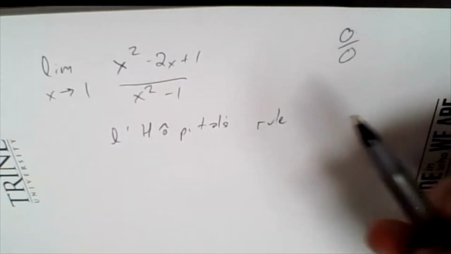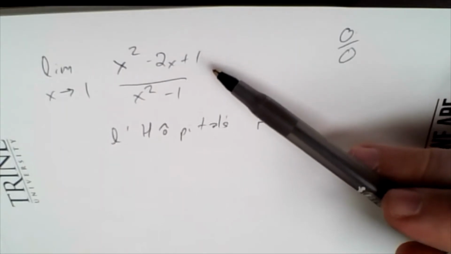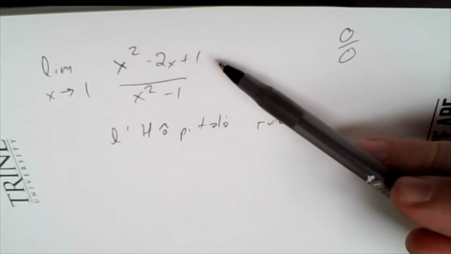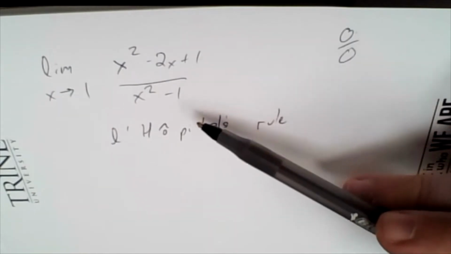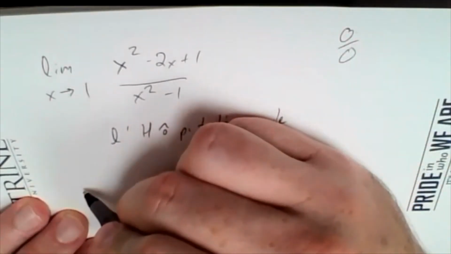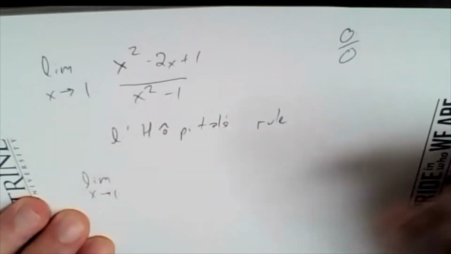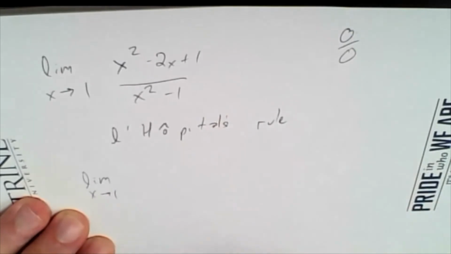This rule tells us that we can replace the numerator of this function by the derivative of the numerator. We can replace the denominator by the derivative of the denominator. And now this new limit will give us the same answer as the old limit.